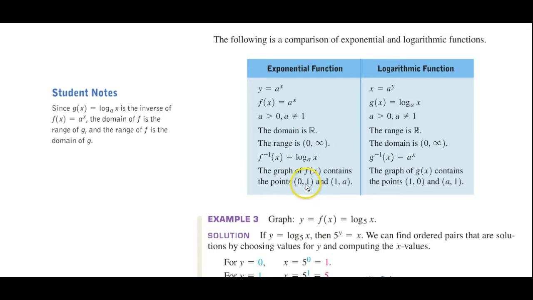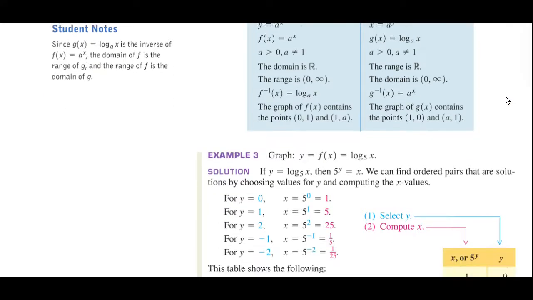Remember, anytime we take the 0 power of something, it's 1. And the graph of g contains the opposite, in the sense the inverse of this, and the inverse of that. Okay, again, you're not going to memorize this. Let's use some examples to illustrate it.